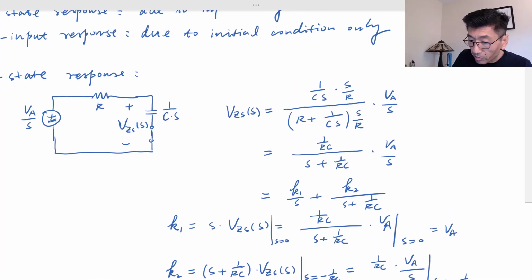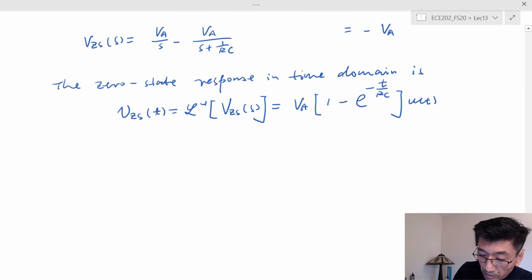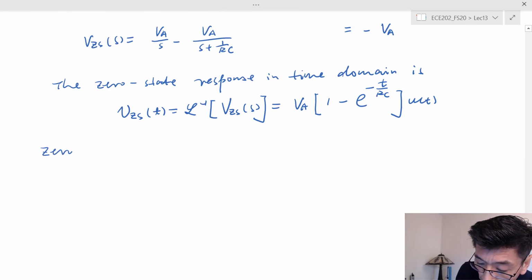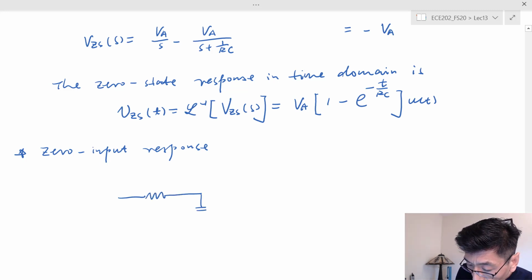So for the zero input response, we need to turn off the input source. So we will replace that by a short circuit and draw the rest of the circuit. The second one is the zero input response. In this case, we have the RC, so we draw the rest of the circuit, V sub C0 over s and 1 over Cs.